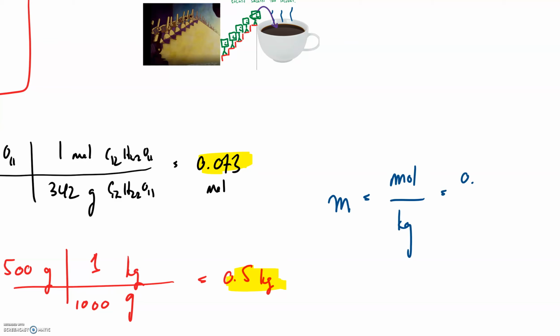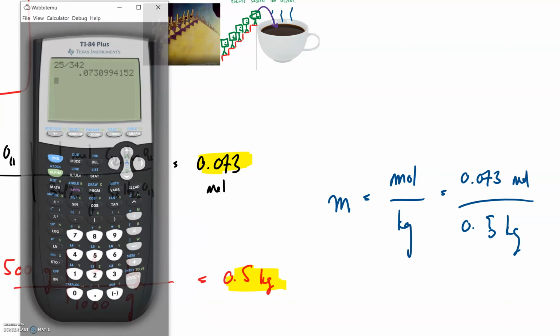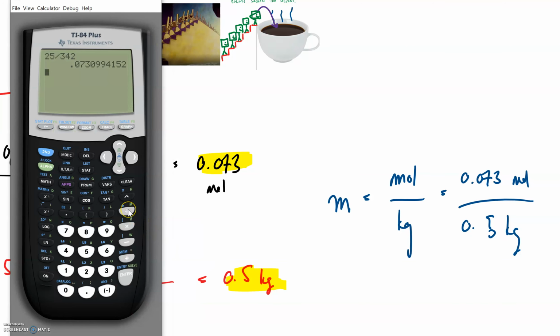We've got 0.073 moles of our solute, 0.5 kilograms of solvent, and let's bust out our calculator again. We'll say 0.073, and we're going to divide this by 0.5 kilograms.